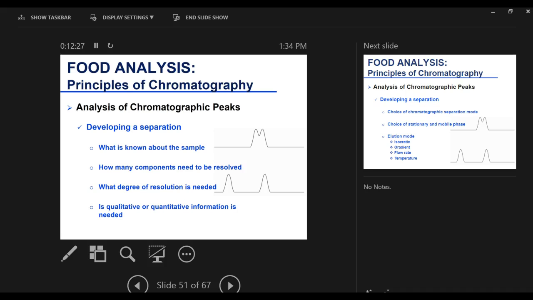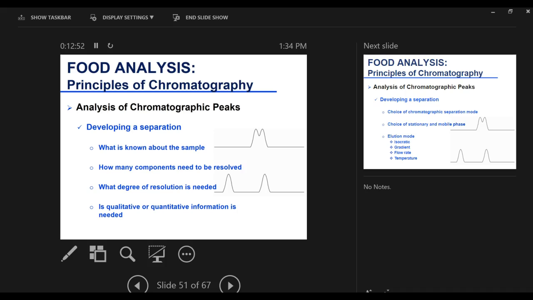So how do we do that? First of all, we need to know things about our components. Let's say caffeine. What do we know about caffeine? It's a small molecule. It is soluble in water. It is also soluble in nonpolar organic solvents. It is an alkaloid, so it can interact via nonpolar interactions.